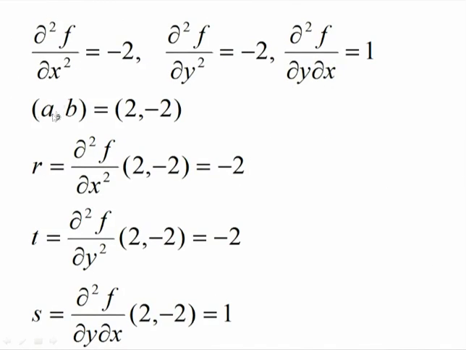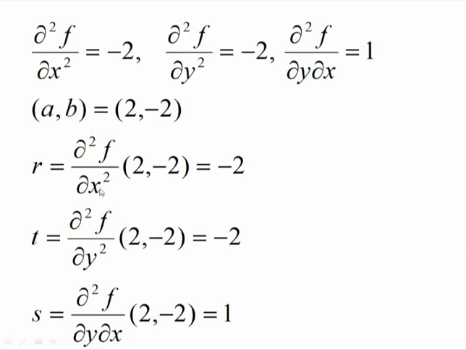Now at the point we have to find out the value of del square f by del x square is equal to minus 2. Del square f by del y square is equal to minus 2, and del square f by del y del x is equal to 1. If we substitute x, y is equal to a, b, then this value remains as it is.